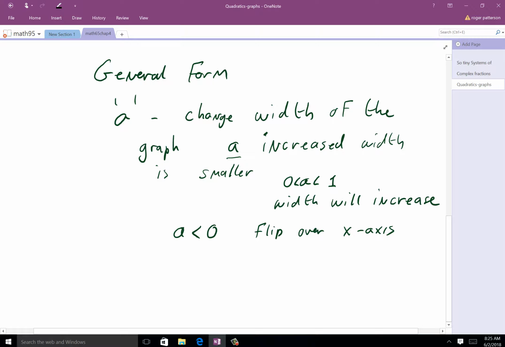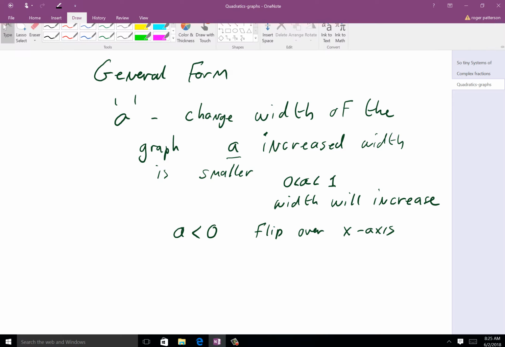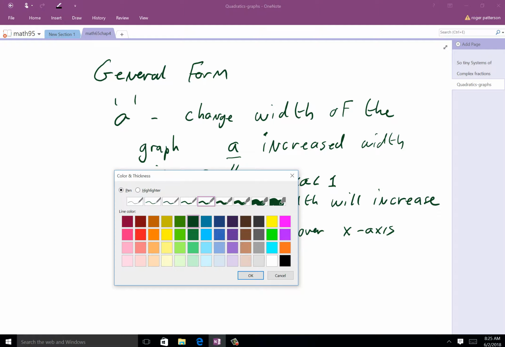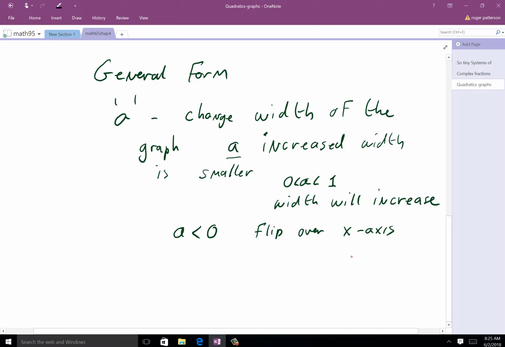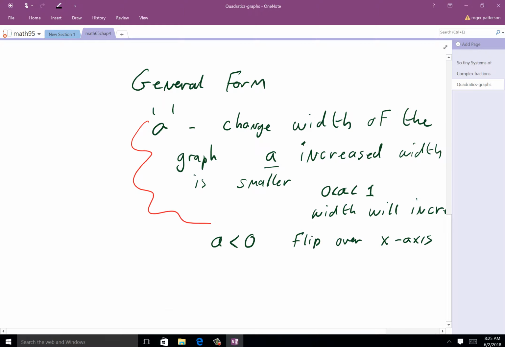Now, this whole thing that we're talking about in here is called a vertical stretch. This goes back to some geometry ideas.